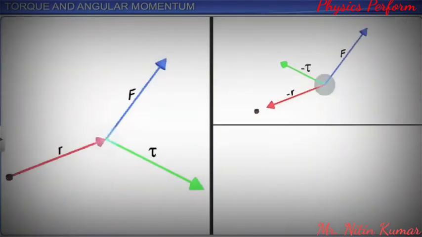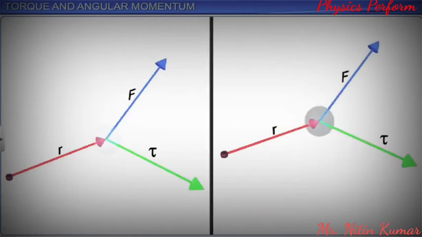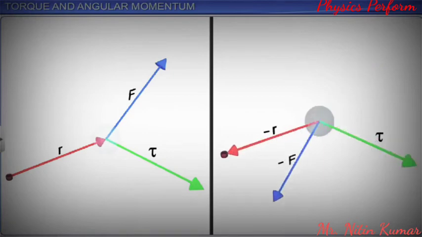If either the direction of R or the direction of F is reversed, the direction of tau is reversed. If the direction of both R and F is reversed, there will be no change in the direction of tau.